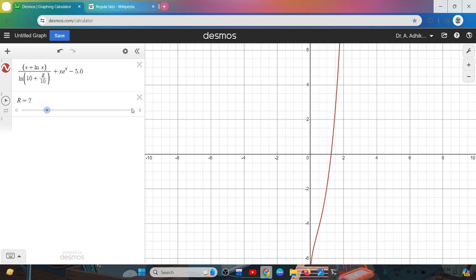If we choose r equal to 9, in the function graph the root cuts the x-axis at the point (1.252, 0). So alpha equals 1.252 from the Desmos app when r equals 9.